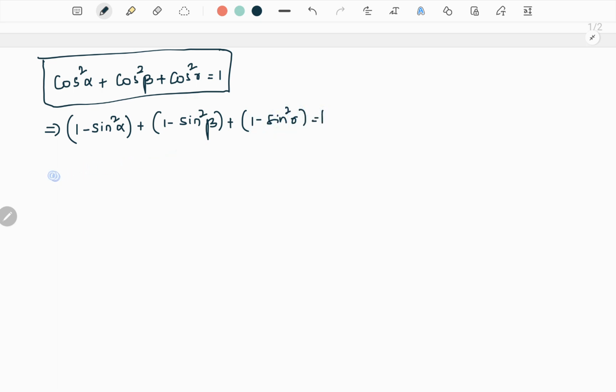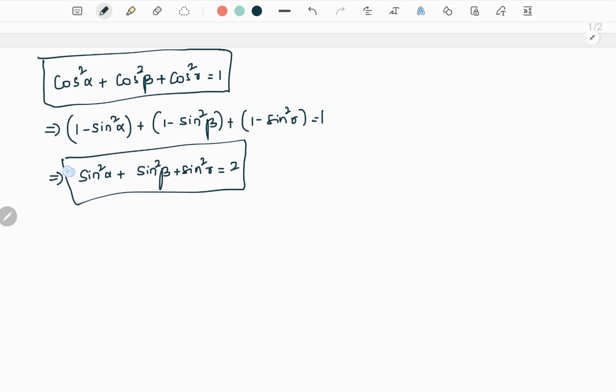If we simplify this, we get sin square alpha plus sin square beta plus sin square gamma is equal to 2. So these two relations, it's better to memorize them. They would help.